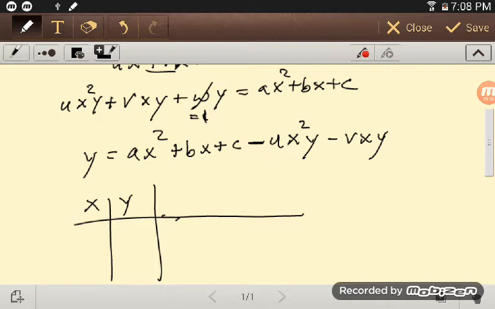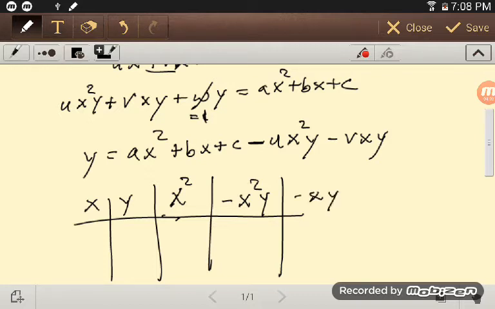Now y is still the response variable, or the dependent variable, but the columns I need to add here are x squared. I need a column. Now what I might want to do is do a minus x squared y and a minus xy.